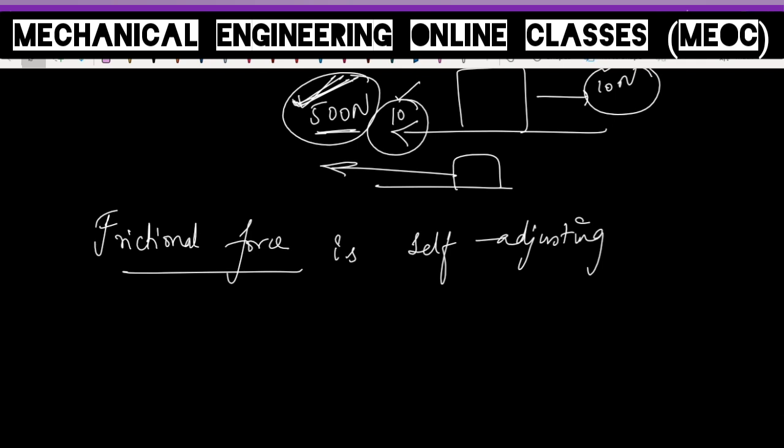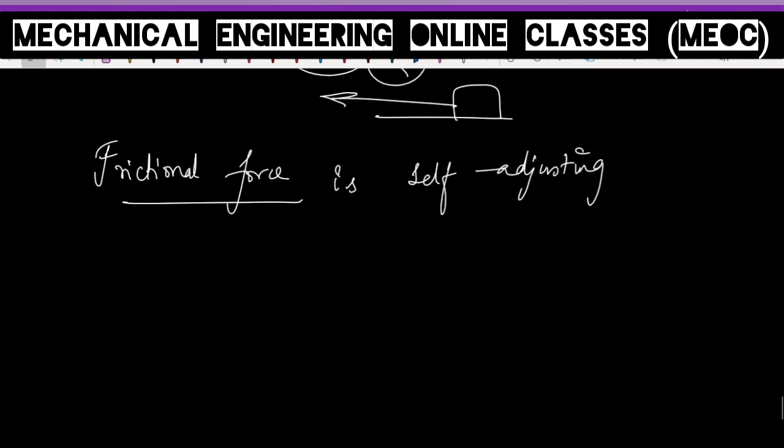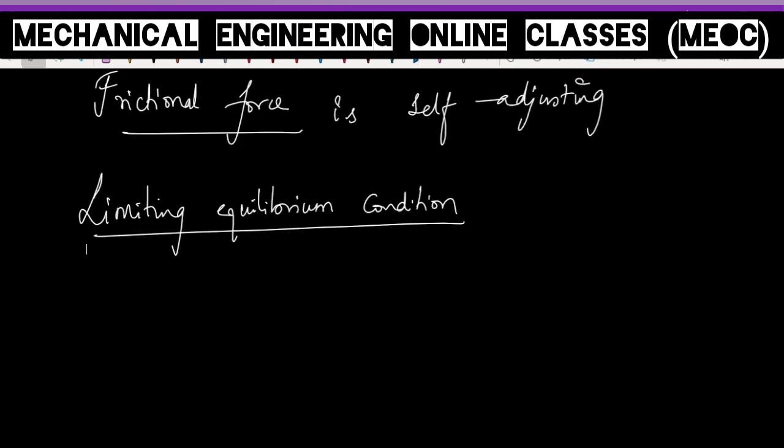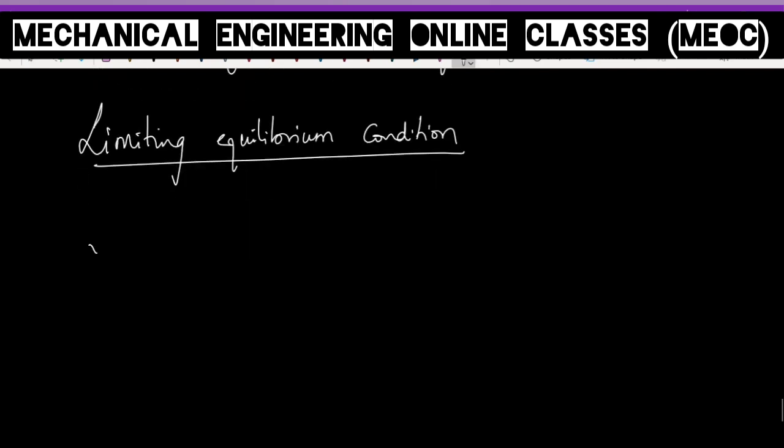That highest value it can take is called the limiting equilibrium condition. So the limiting equilibrium condition is the maximum value friction can take. As we have seen, as P increases, F also increases, in a direction equal and opposite to P. However, there is always a limit beyond which the magnitude of friction cannot be increased.